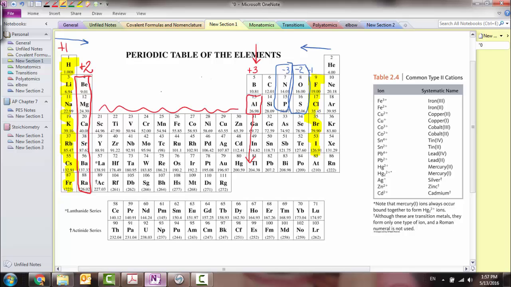So the ones that do not transition are these guys right here. We have silver right here. It is number 1. If you're an Aggies fan, you can think about it as Aggies are number 1, so that's the number 1 charge.